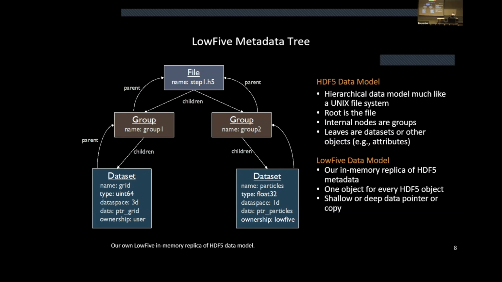We manage in here pointers to the data sets, either deep copies or shallow references. That's a knob. And as I said, various fields associated with data sets, like their types and data spaces and so on. This is a central part of what LowFive is: our in-memory replica of the HDF5 hierarchy.